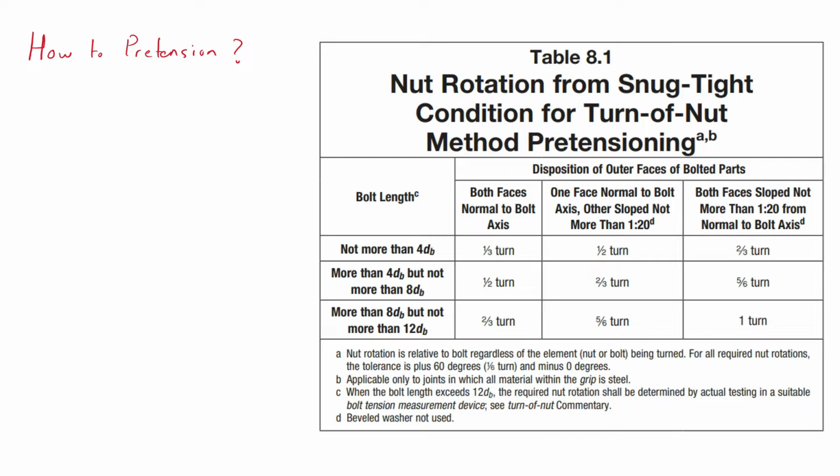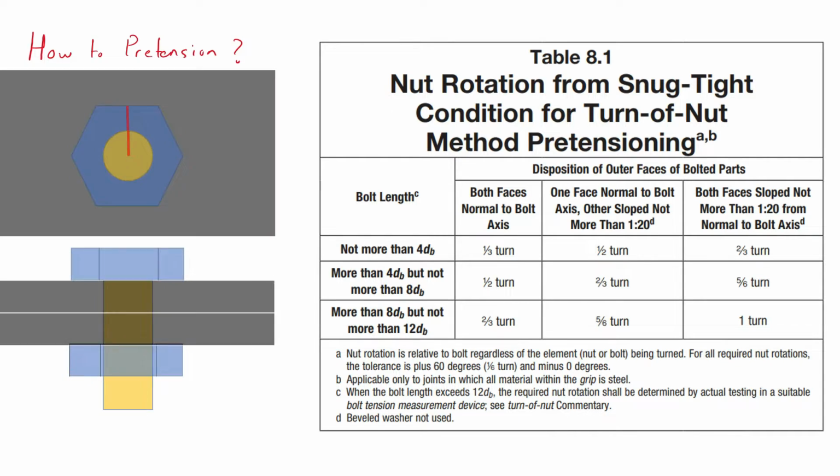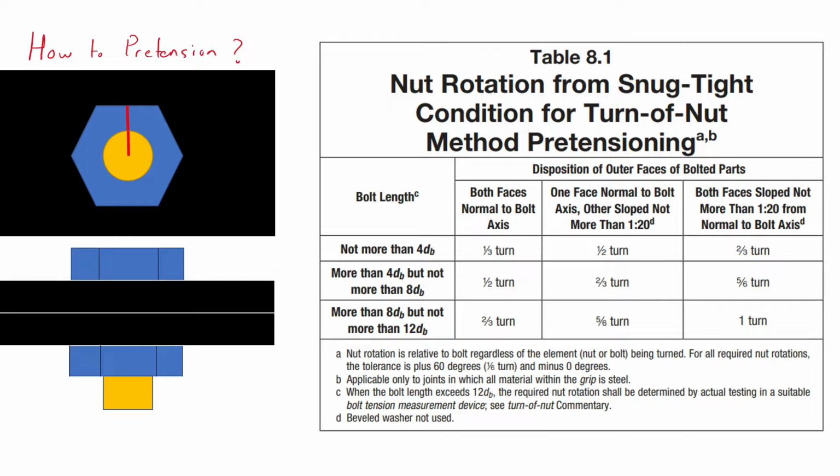There are currently 4 authorized procedures for the installation of high-strength bolts. The first is the turn of the nut method. This procedure is based on the load deformation characteristics of the fastener and the connected parts.